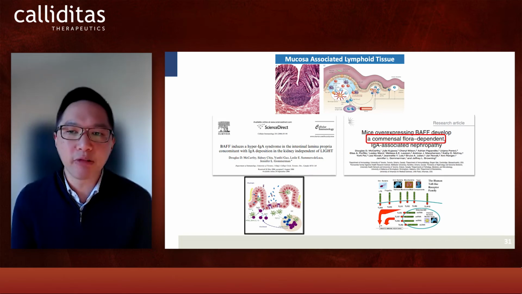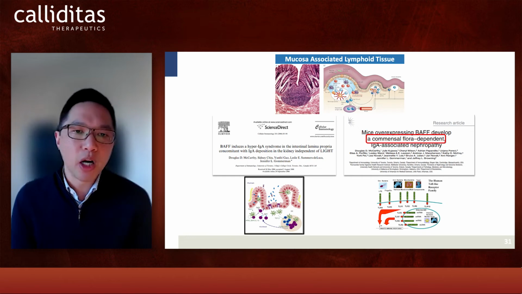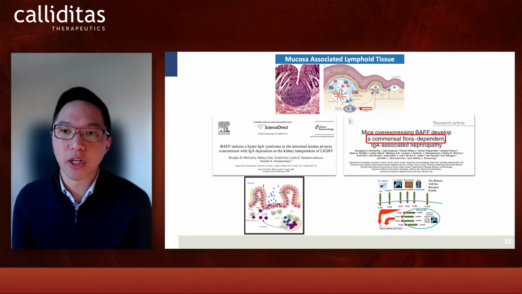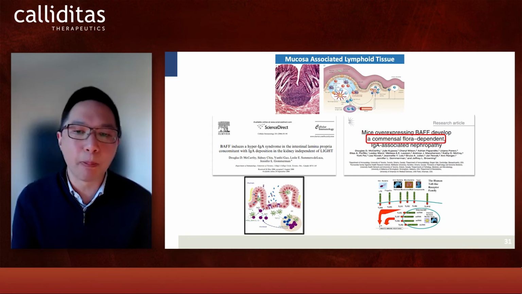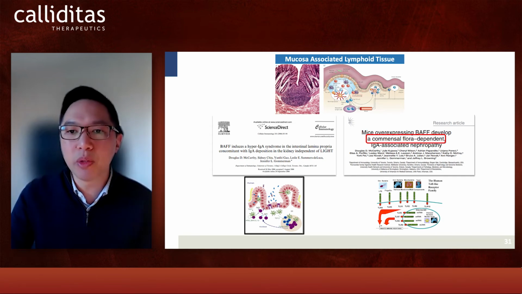So here we have a series of studies linking together the gut microbiome, BAFF expression, IgA production by the gut, and IgA nephropathy. And we think that toll-like receptors are important in communicating that process between the host microbiome and gut bacteria to the mucosal immune system.